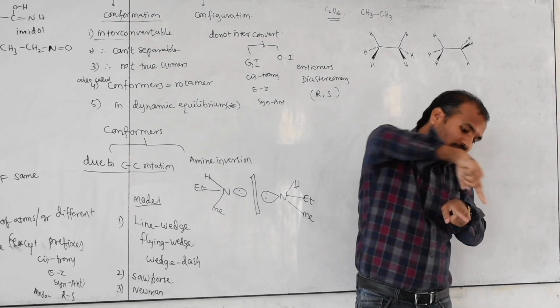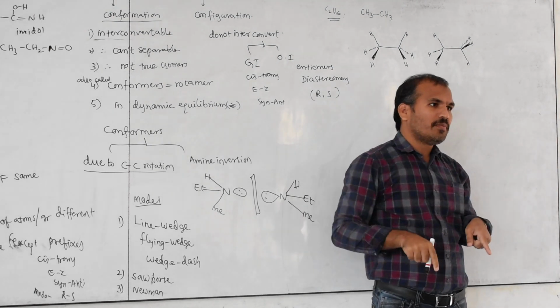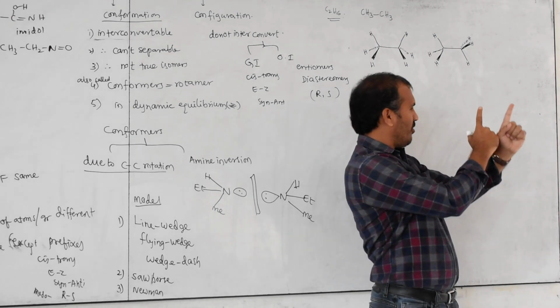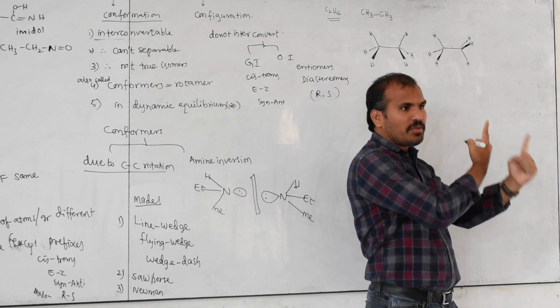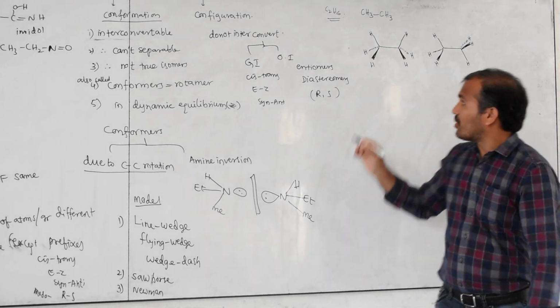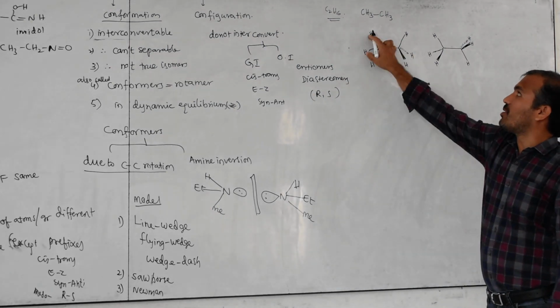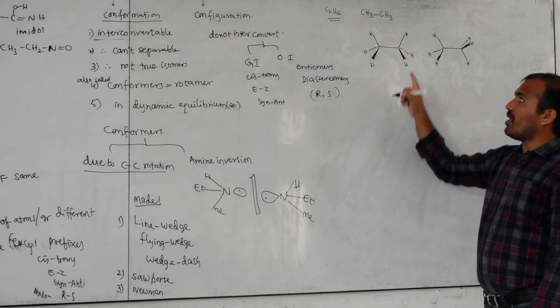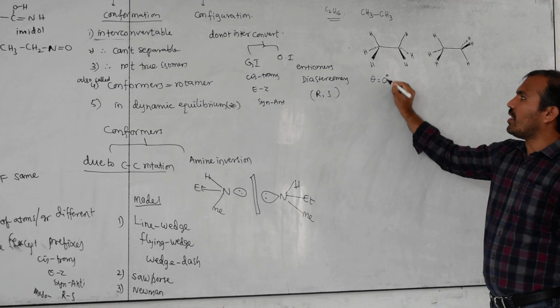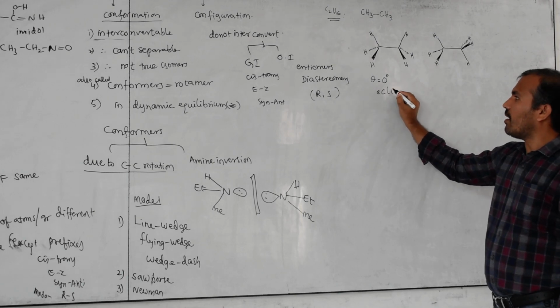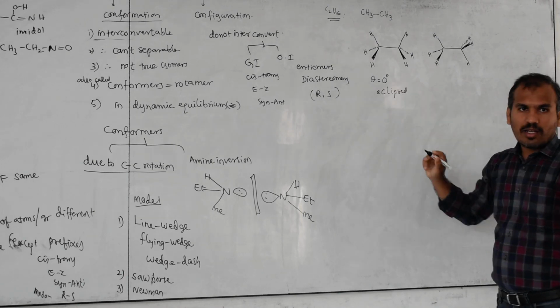If you see from this direction, it is 0. Otherwise, if I see only the first finger appear, the others are not appearing, that is exactly eclipsed. So these two are eclipsed, these two are eclipsed, these two are eclipsed. It means the angle is 0, theta equals 0 degrees. Therefore it is called eclipsed.